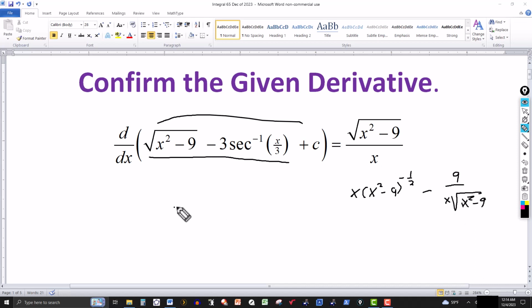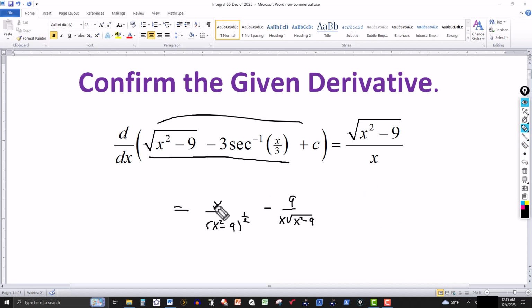So let me say this is equal to x over x squared minus 9 to the 1/2 power, since taking it to the denominator changes the sign of the exponent, and then minus 9 over x times the square root of x squared minus 9.